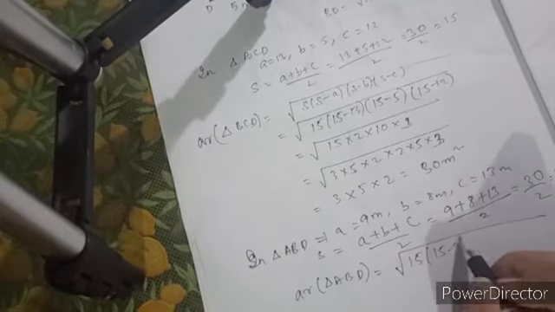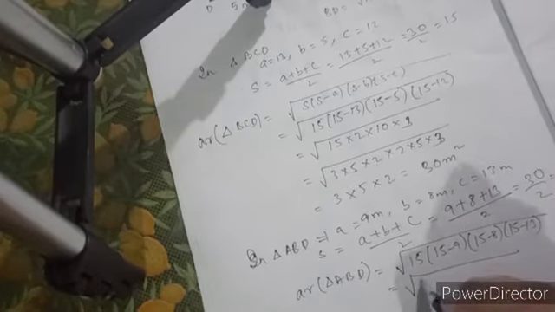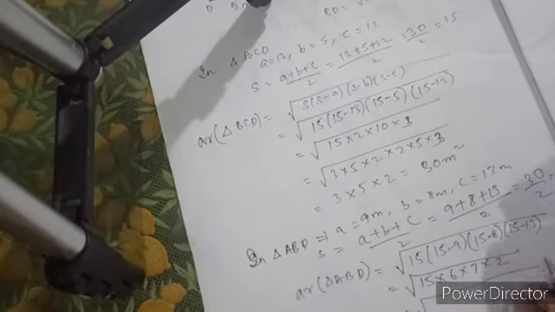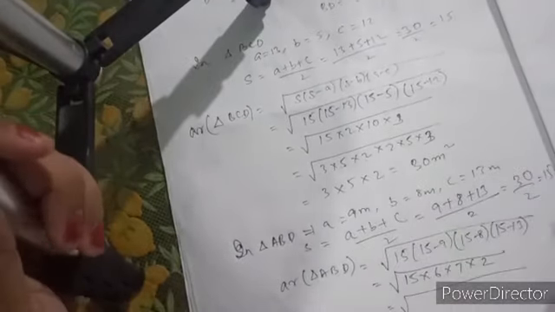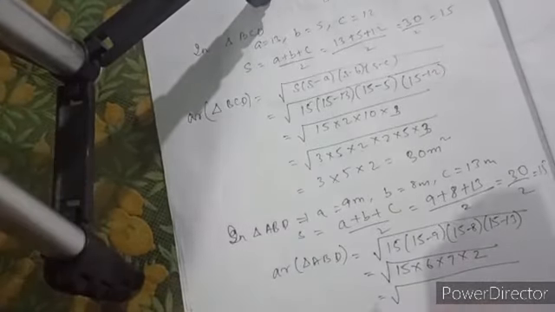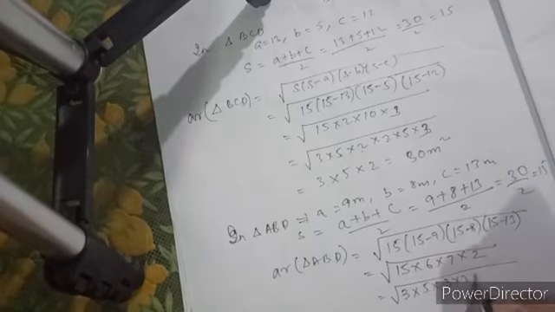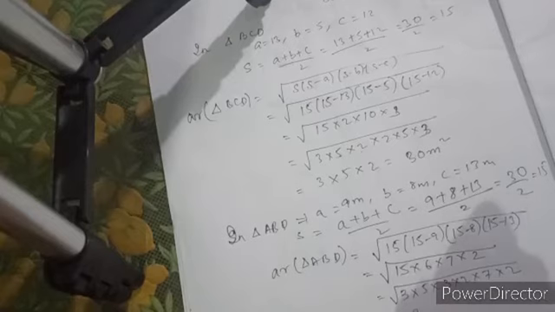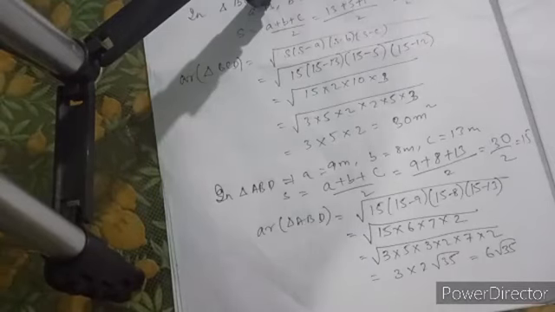So 15 minus 9, 15 minus 8, 15 minus 13. So if you see here, it is coming this way. So here root over 35.